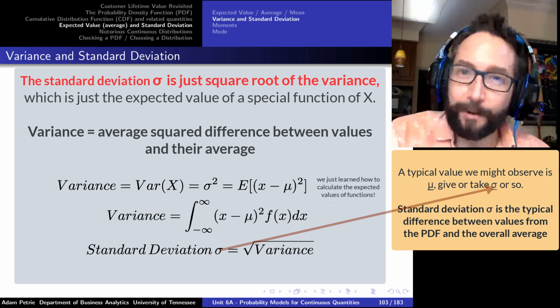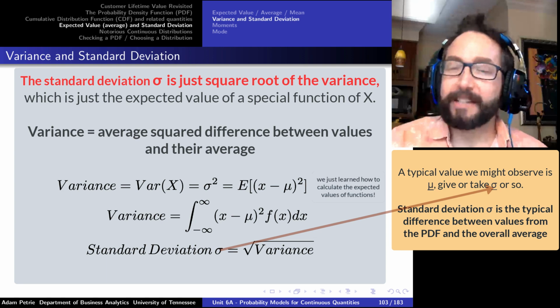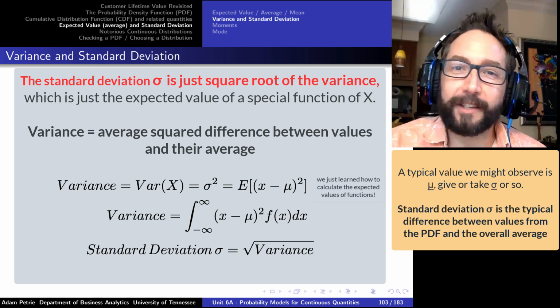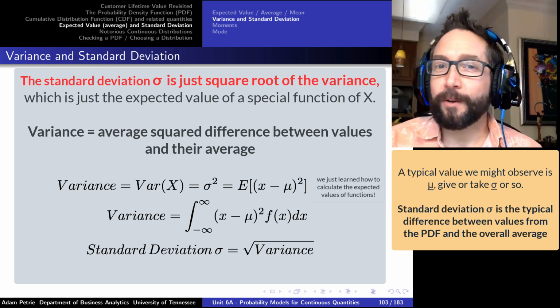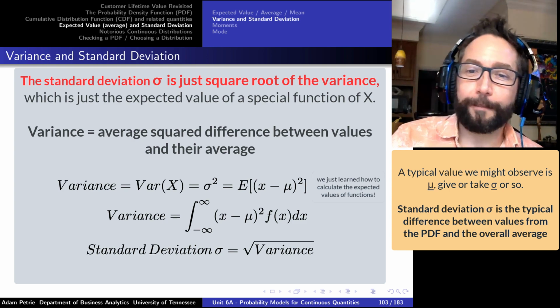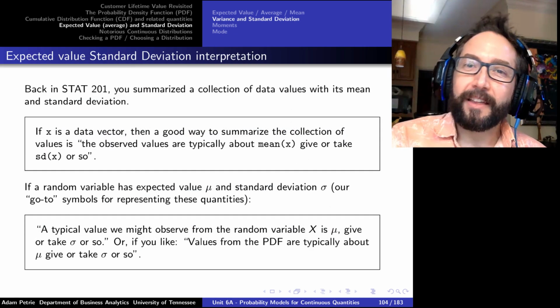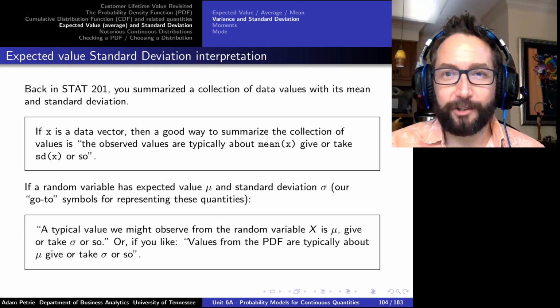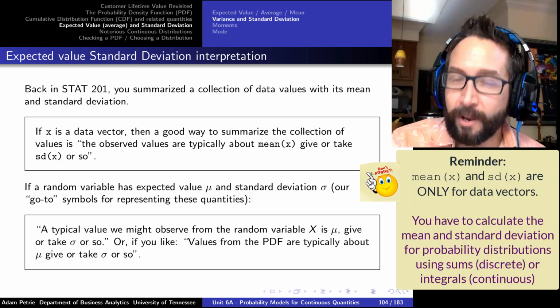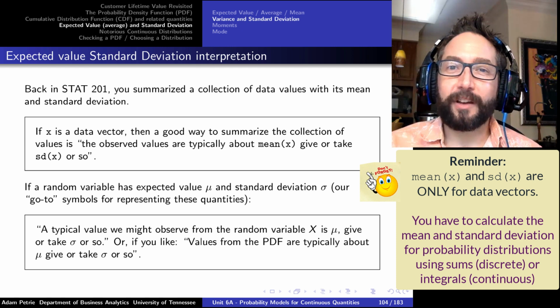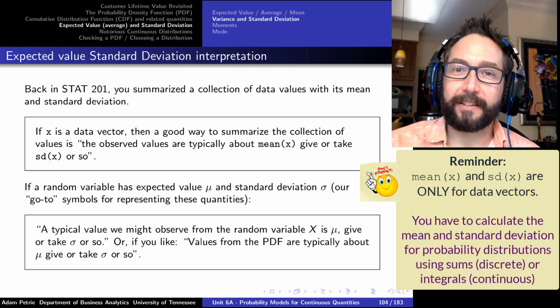And so once I have mu and sigma, I can summarize that distribution by saying a typical value we might see from that distribution is mu, give or take sigma or so. All right, so once again, it's a good time to contrast the mean and the standard deviation of a probability distribution with the mean and the standard deviation of data values that we've collected.